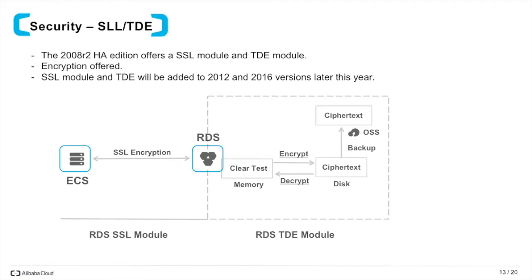The 2008 R2 HA editions offers an SSL module and a TDE module. The connections between the application and database can be encrypted using SSL. You will get a new connection address when you enable SSL config.